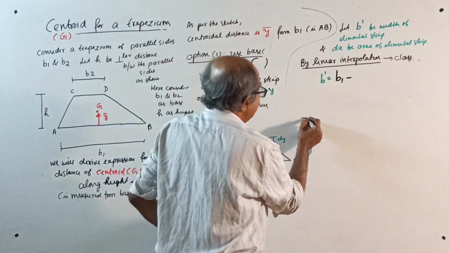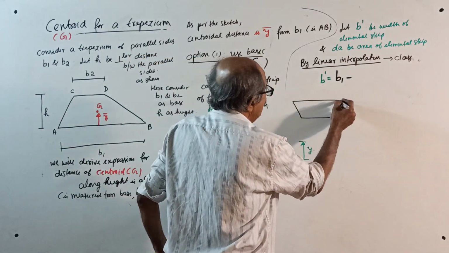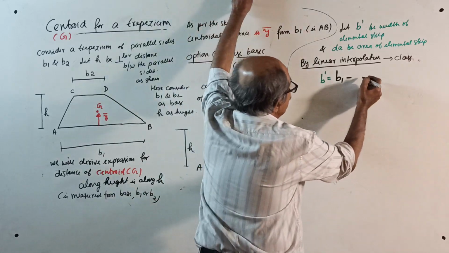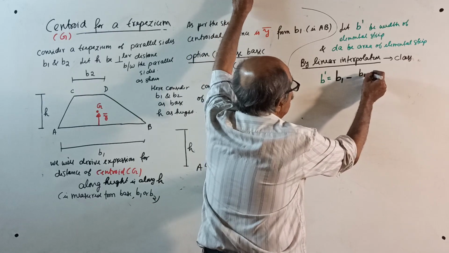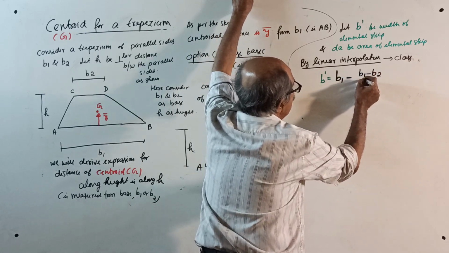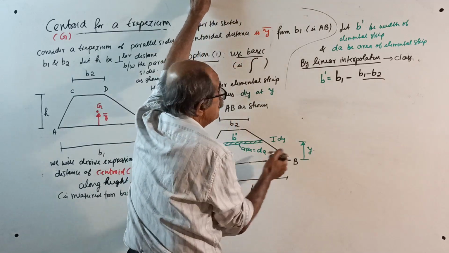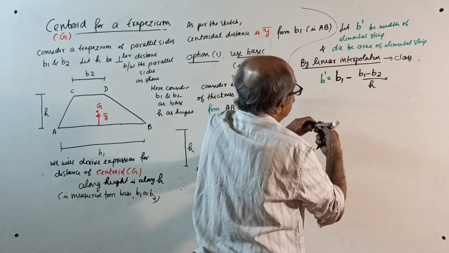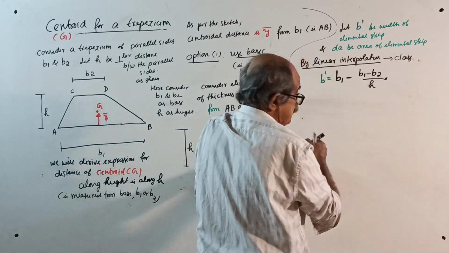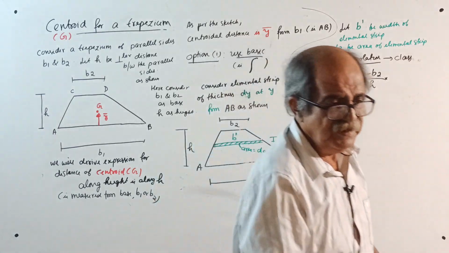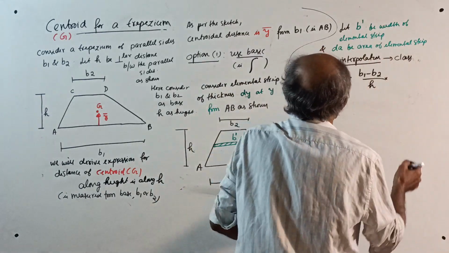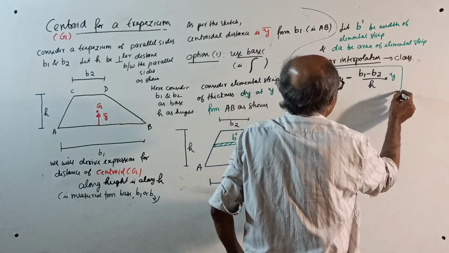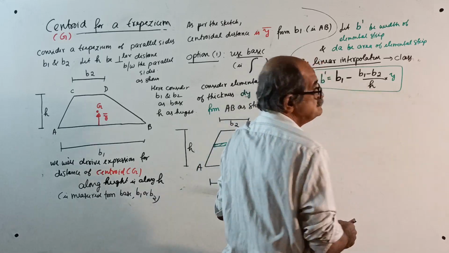Suppose you put the trapezium the other way, you have to add plus there. B1 minus B2, divided by H, into y. This is the expression for your B dash.